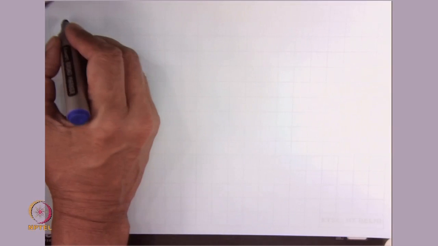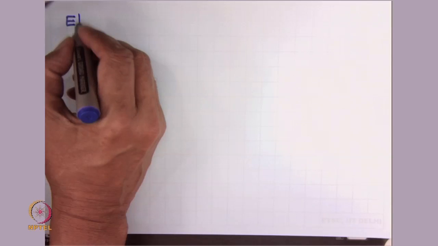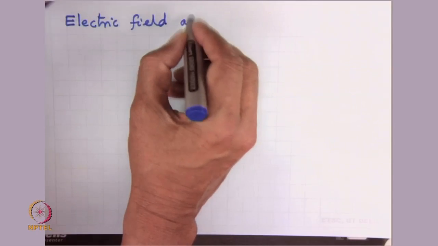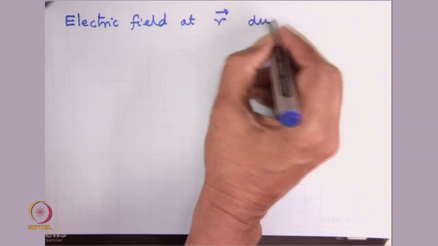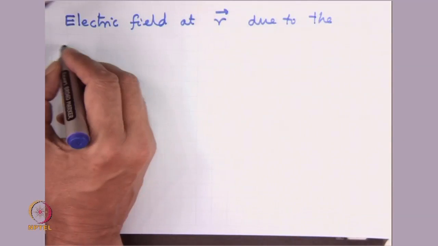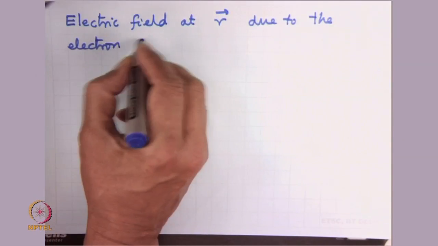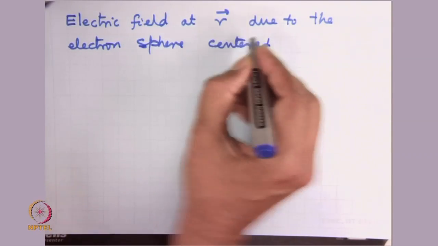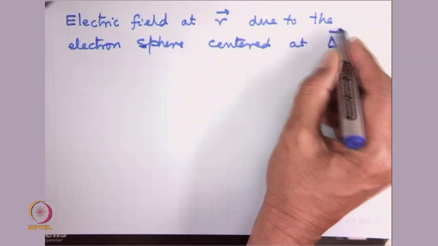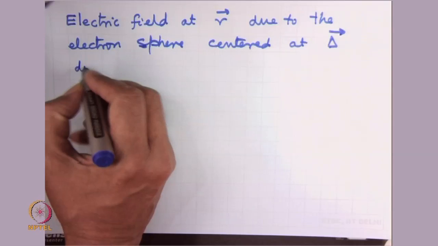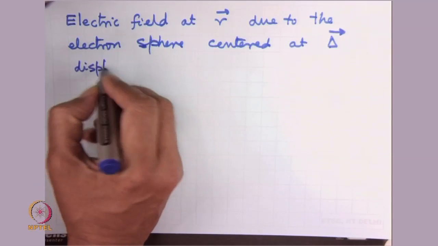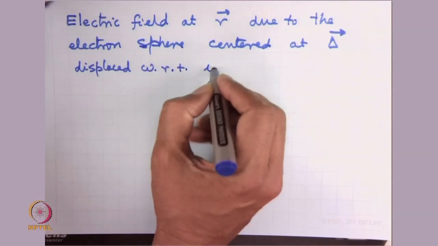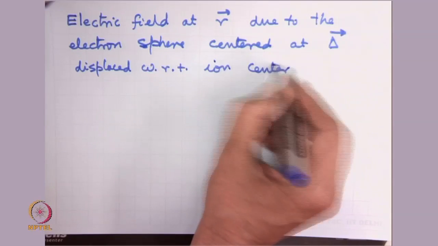The electric field at the position of observation r due to the electron sphere, displaced by delta with respect to the ion center, how much would this be?